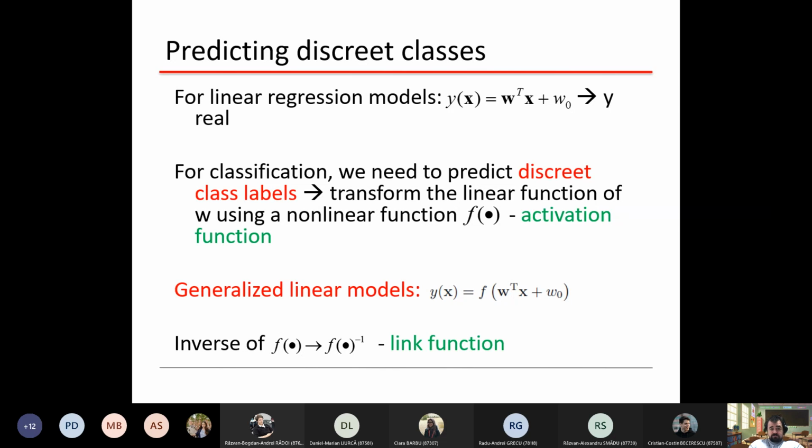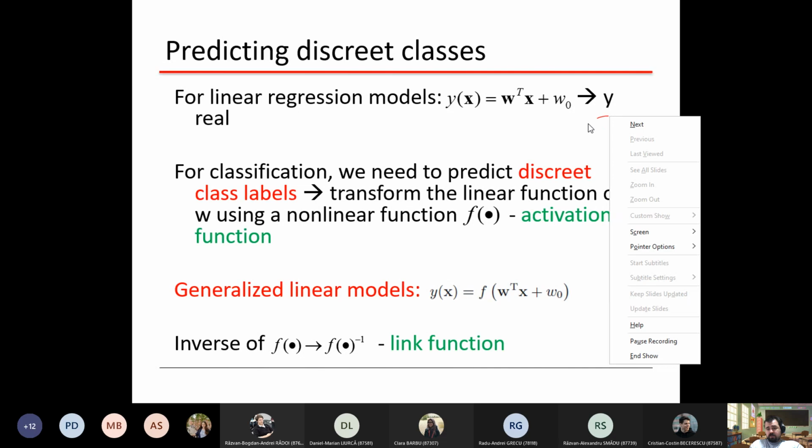So now we will get back to this slide. In order to predict the classes, if we have a linear regression, because you did that in the last lecture that was presented by Traian, all we have to do is to evaluate y of x as being w transpose multiplied by x plus the bias w0, and then the value that is obtained, this value of y, is a real value.